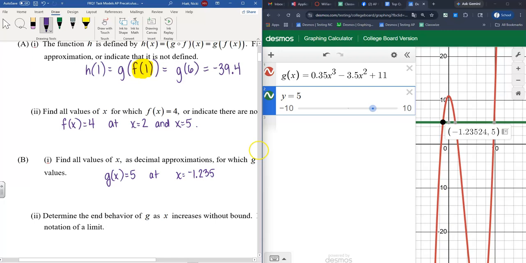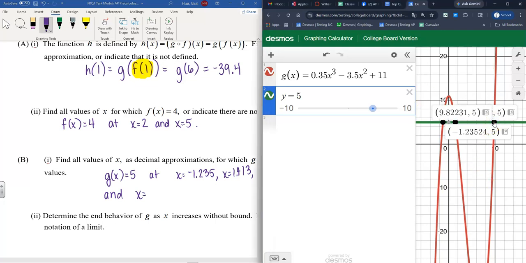Keep at least 3 decimal places. If you want to keep more, that's fine. We also have x equals 1.413, and x equals, over here, we've got 9.822.